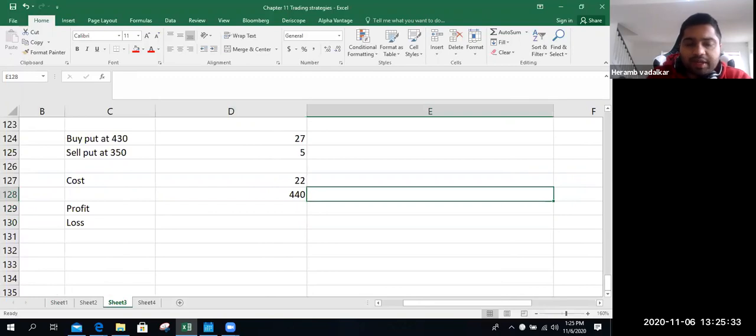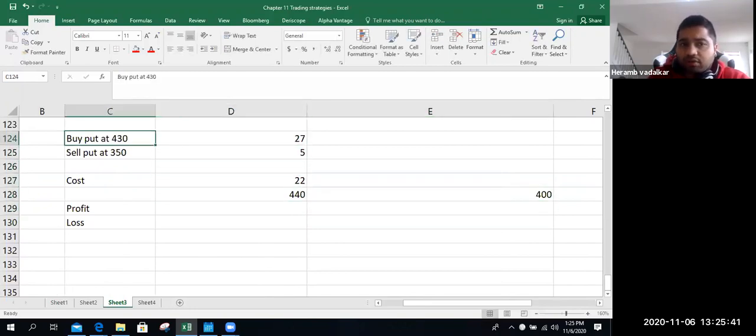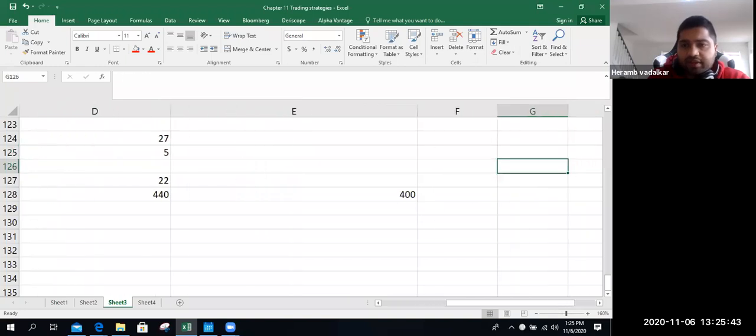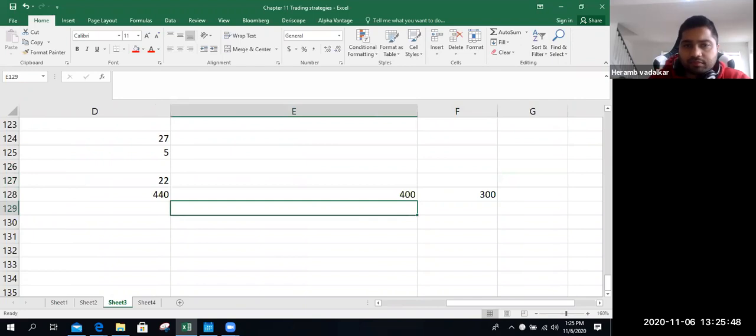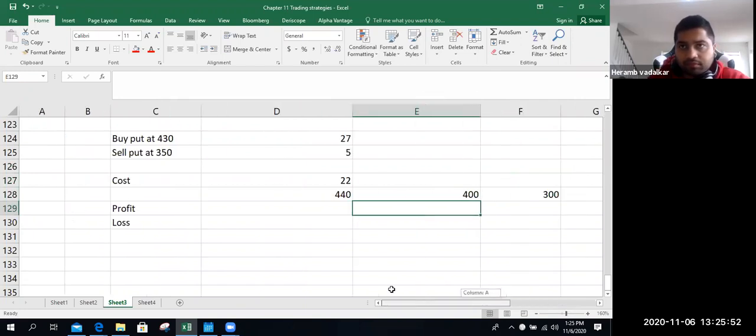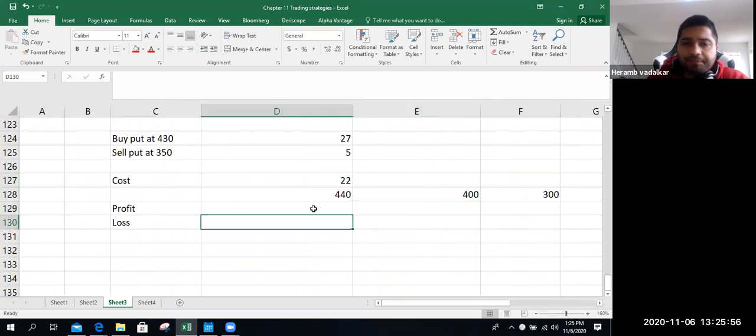Okay. Stock price is at 400. So it goes down, but it doesn't go down below 350. And stock price is at 300. Okay.